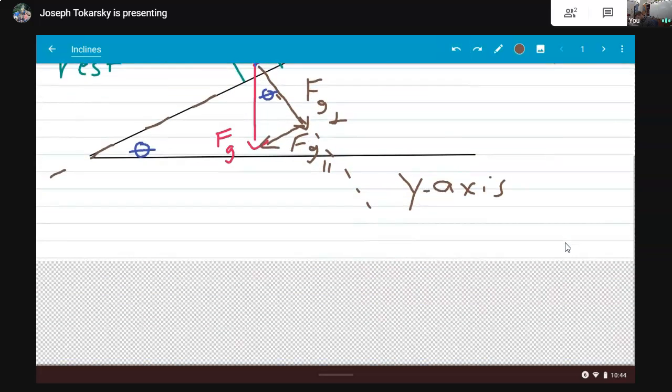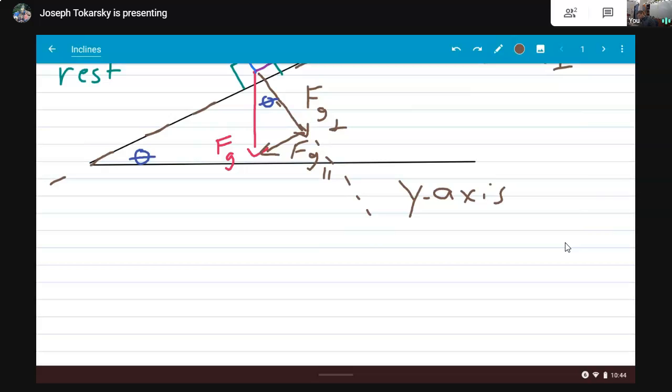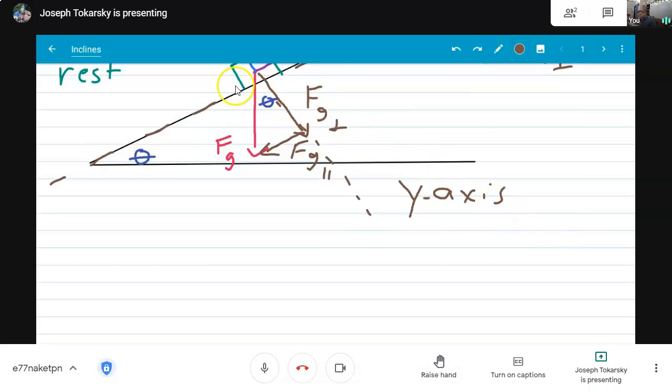I'll come down here and do it, keeping that part of the diagram. Remember, the reference angle is right here in the kind of like weird arranged triangle. So that means the weight, the red vector, is the hypotenuse. The perpendicular component of the weight is the adjacent side, and the parallel component is the opposite.